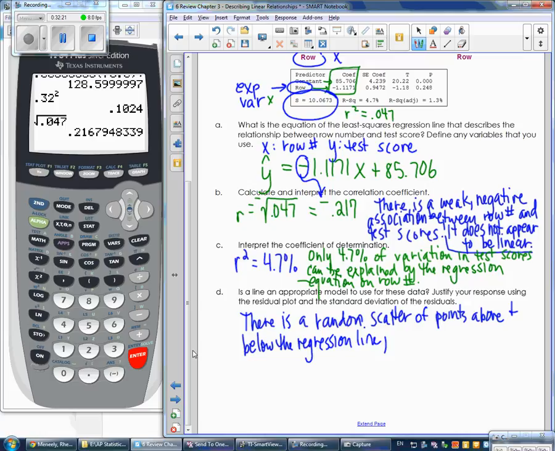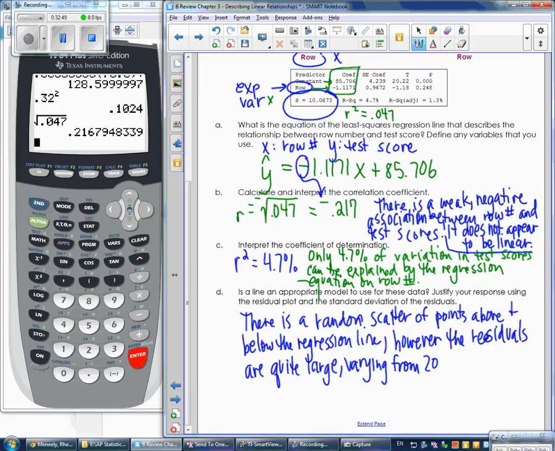It can deviate fairly far from my regression equation. We can just say the residuals are quite large, varying from 20 points below to 20 points above the actual scores. Okay, so in that case, I can see that the model is not appropriate.